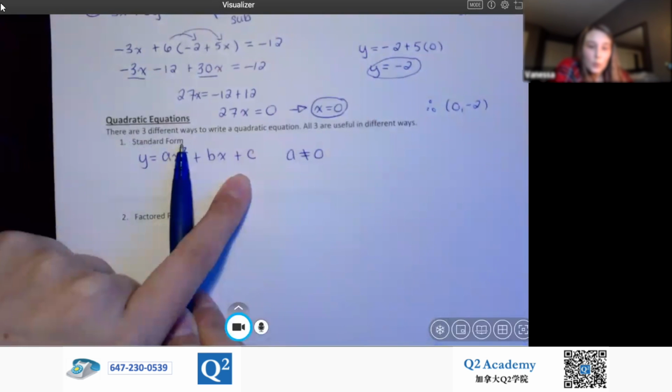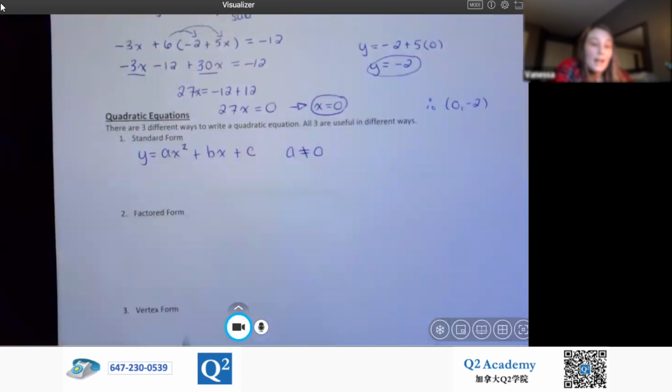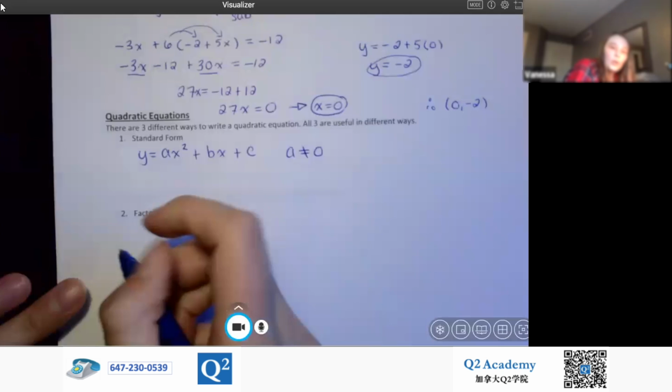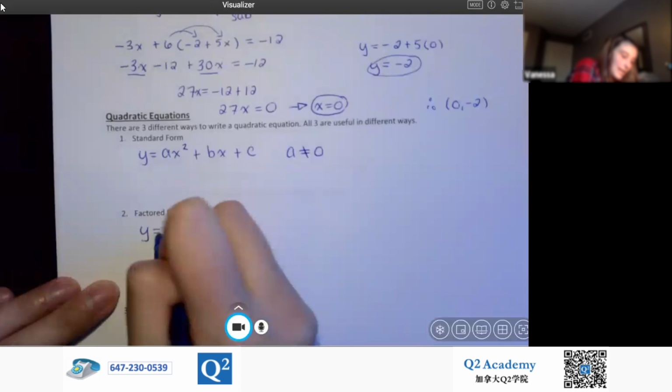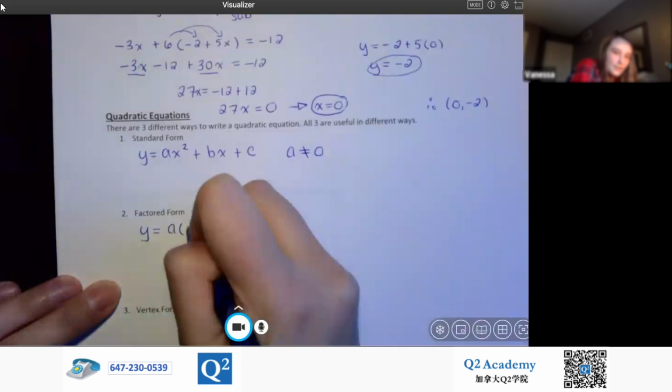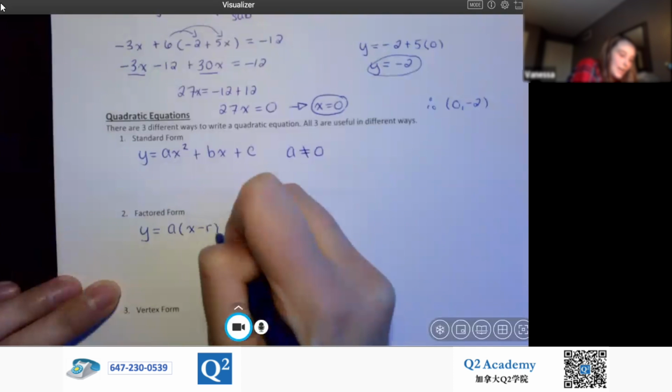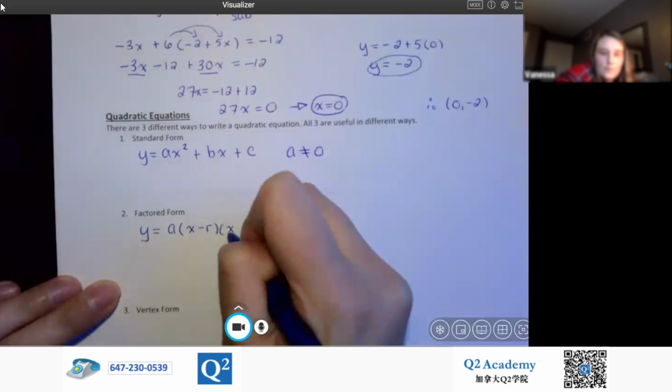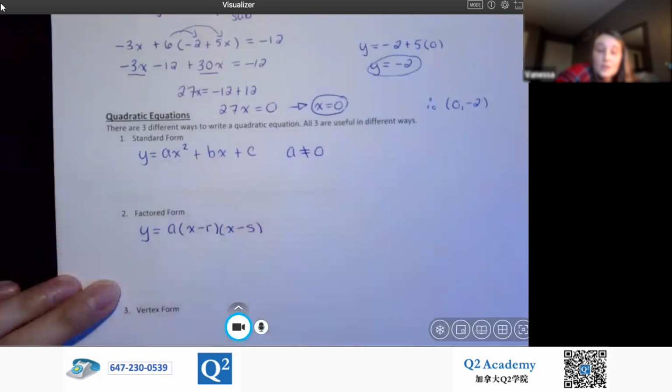The next form is called factored form, and factored form looks like this. y equals a(x minus r)(x minus s). This form tells us the x-intercepts.